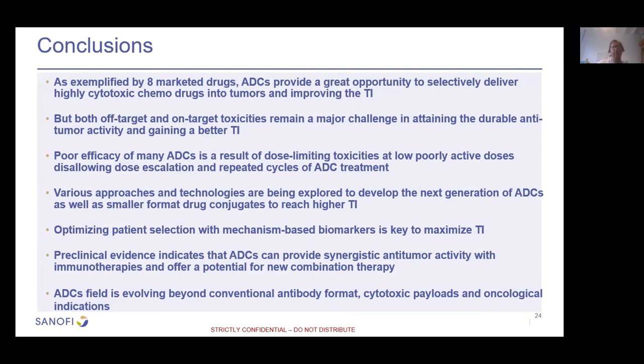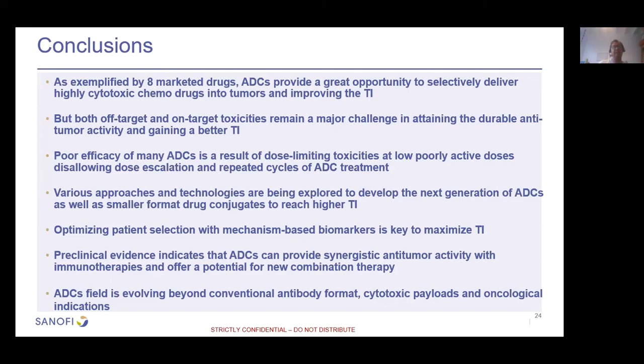And obviously there is also a lot of work being done regarding the development of new formats besides antibody. There are some new releases of bispecific ADCs. There are also dual payload ADCs that could maybe bring some benefits for the patient.